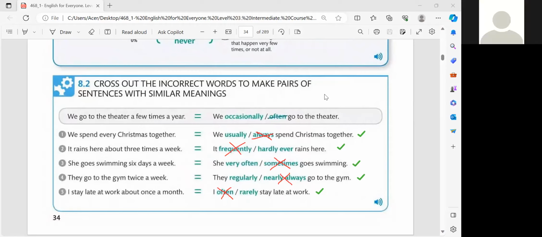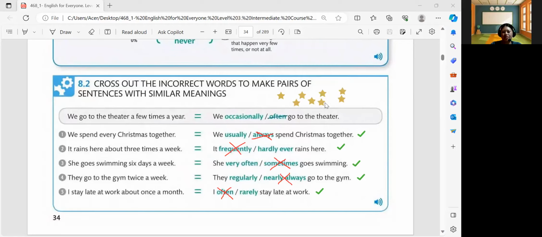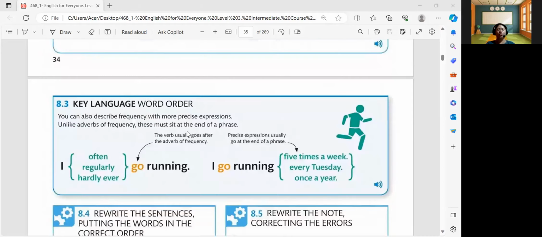It rains here about 3 times a week. It hardly ever rains here. She goes swimming 6 days a week. She very often goes swimming. They go to the gym twice a week. They regularly go to the gym. I stay late at work about once a month. All right, good job. So perfect score. Very good. Okay, so now let's proceed to the next page, which is about the key language, word order.